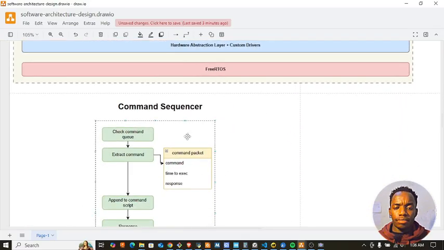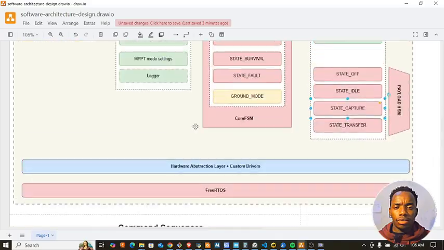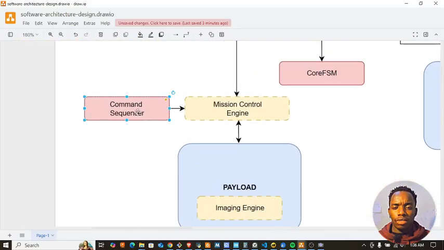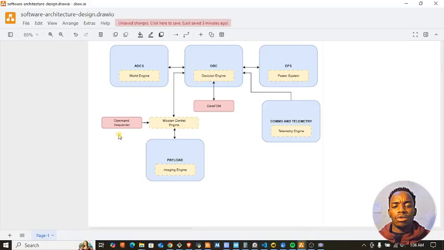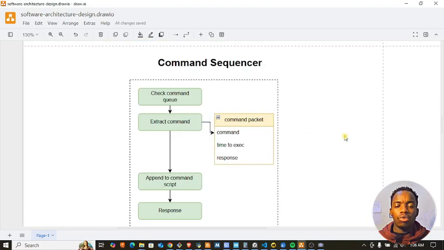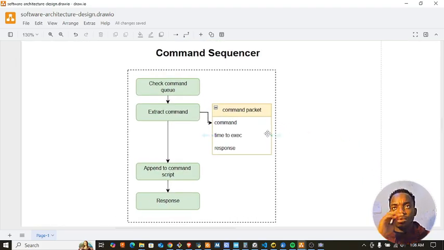Next, I'll discuss what this command sequencer is. Realize that there is a command sequencer here, right? So my software, the flight software, will implement what I'm calling the command sequencer. This means that we want to make this CubeSat as autonomous as possible, right?